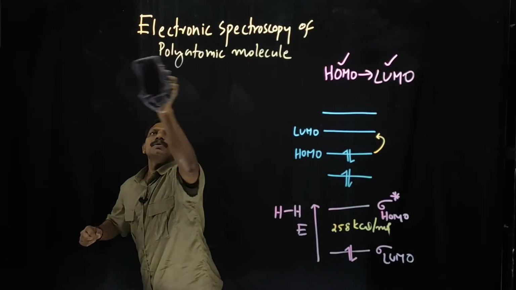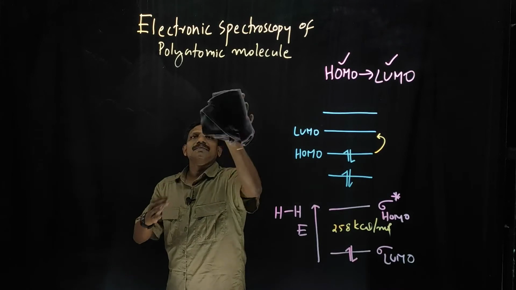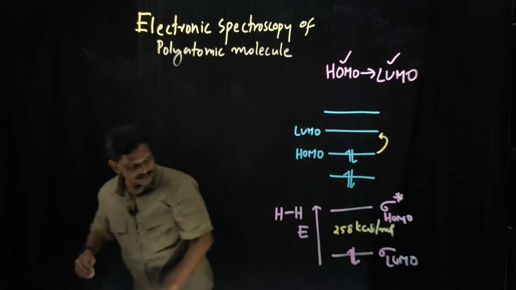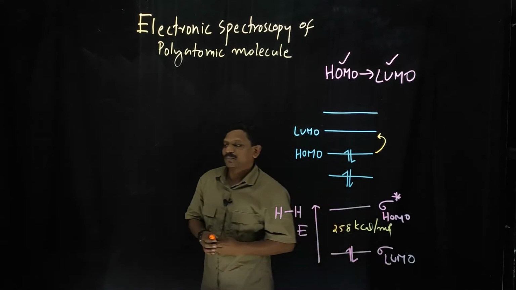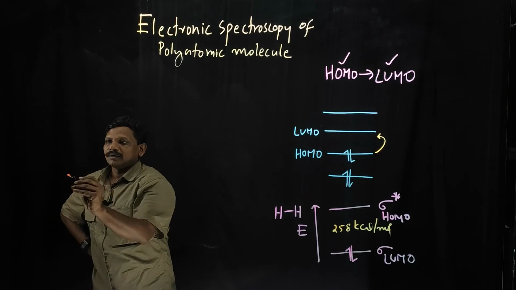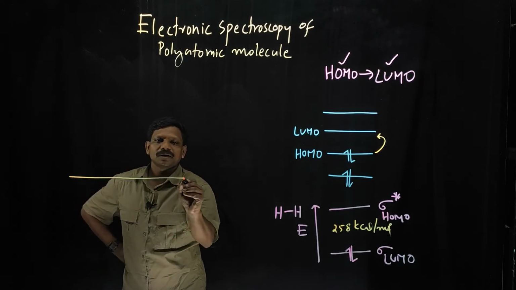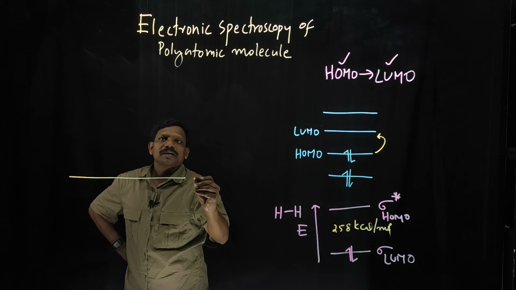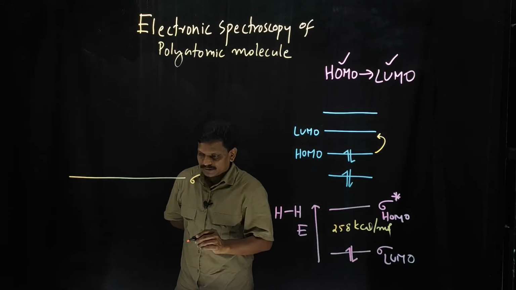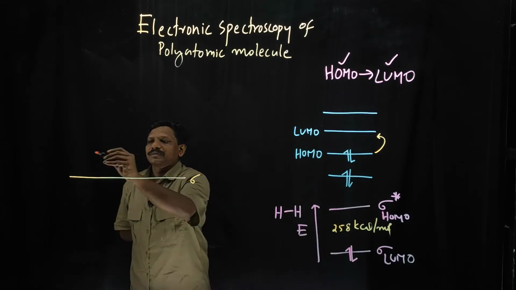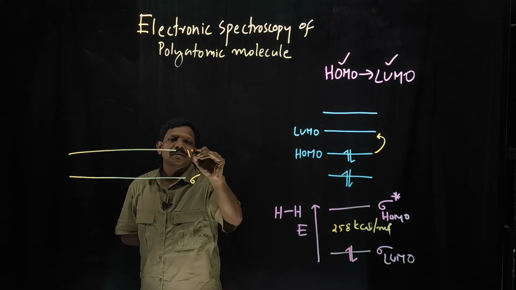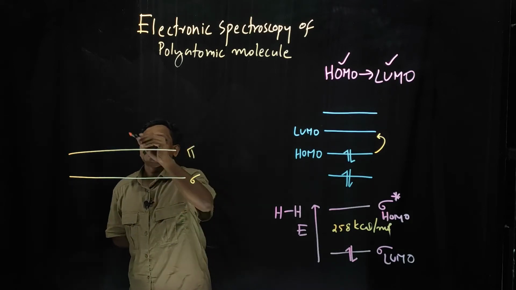First we can talk about the energy levels, and then we will discuss the transitions. What are the important energy levels available for electronic transition of molecules? I will write this level as sigma, the lowest molecular orbital, and then comes the pi molecular orbital.